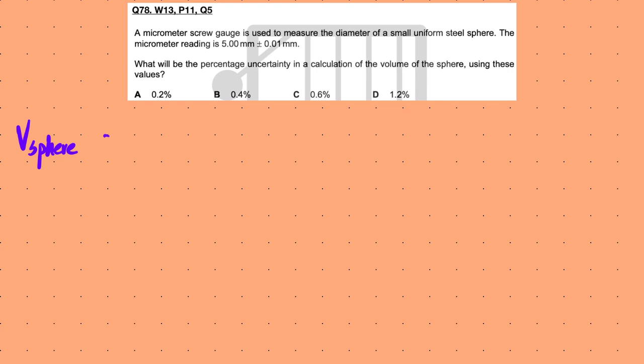So the volume of a sphere is 4 by 3 pi r cubed. 4 by 3 pi, all of this is a constant, and I need a percentage uncertainty in the volume of the sphere. So I can see that ignoring the constants, there is just an r raised to the power 3. So the percentage uncertainty in V is going to be thrice the percentage uncertainty in R, right?